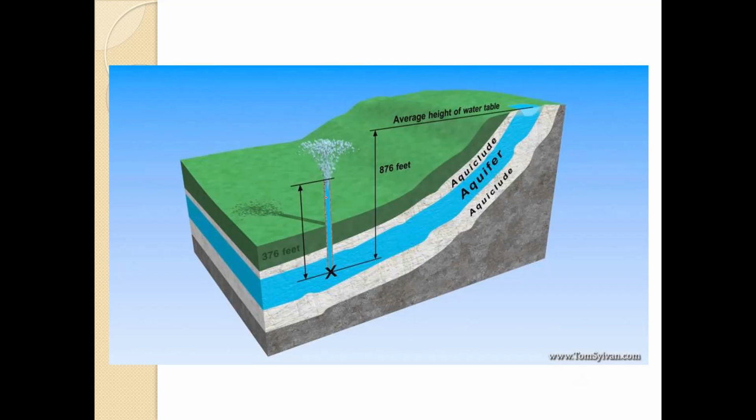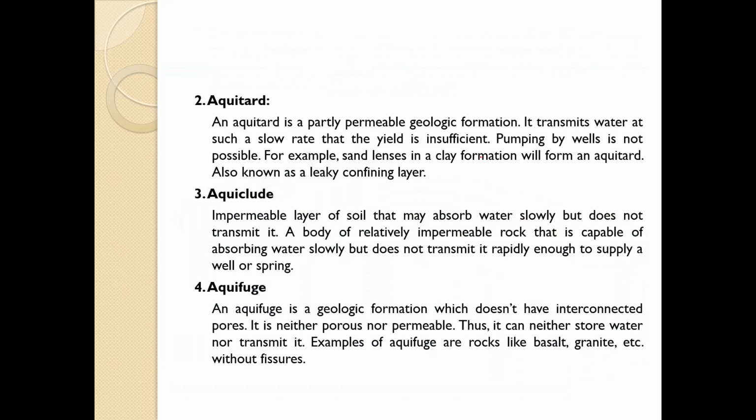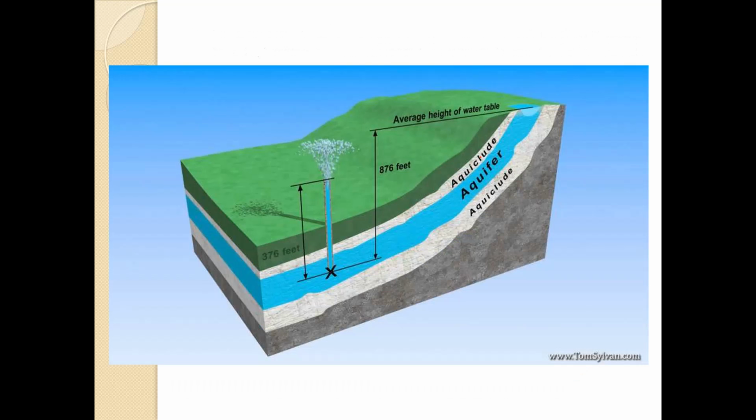Again you can see over here, this is the average height of the water table. This is the aquifer, this is the aquiclude, which is the impermeable layer of soil which absorbs water but does not transmit it.